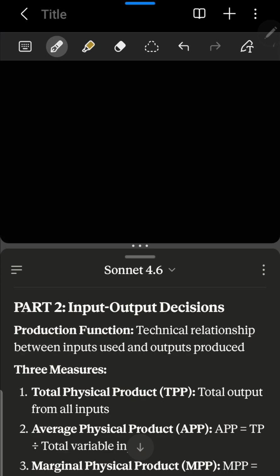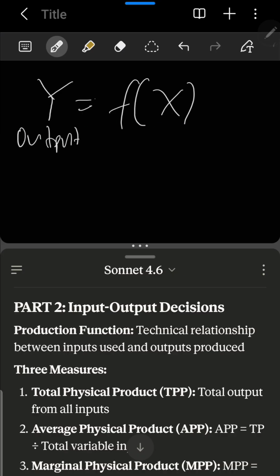We have two variables. If I put in a given number of X, I will get a given number of Y. So our Y, which is our output, is a function of our X, which is our input, right?